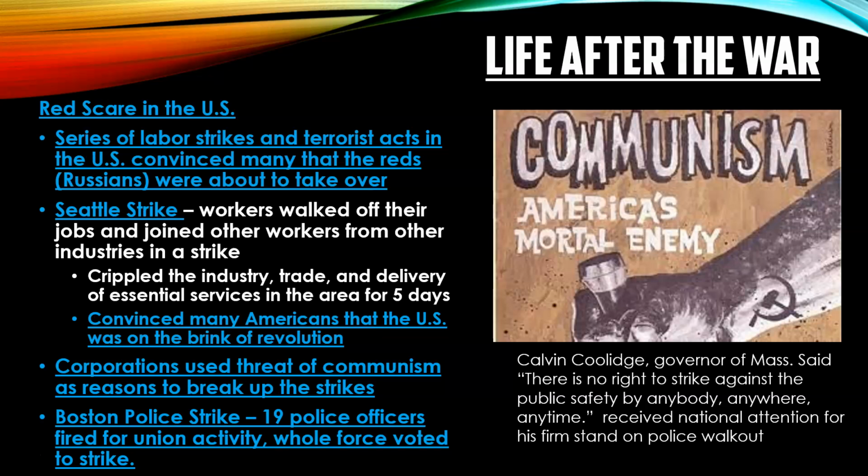There was also a Boston police strike in which 19 police officers were fired for their union activity, and because they were fired for being involved in a union, the whole force voted to strike and just completely went on strike. And so you can imagine what that would do to completely take away an entire police service in a big city like that.